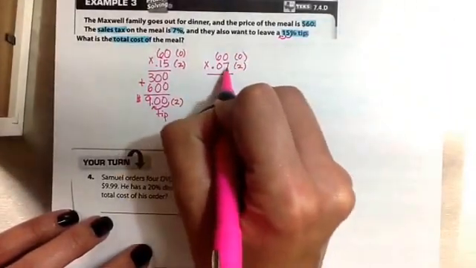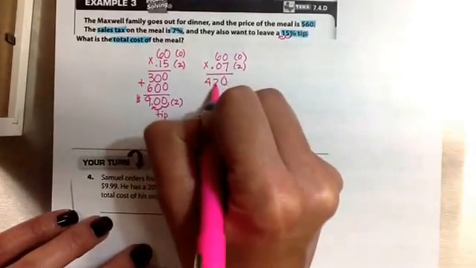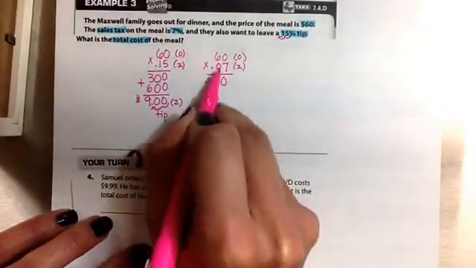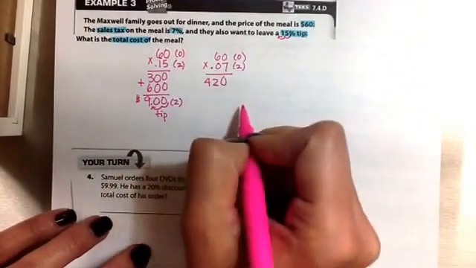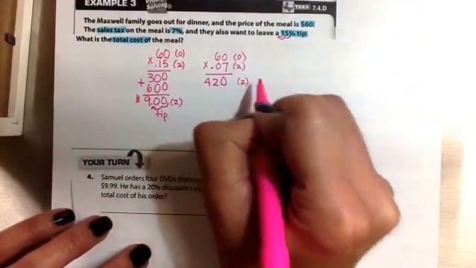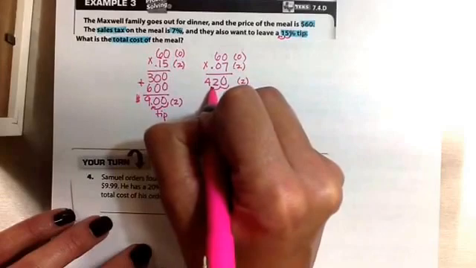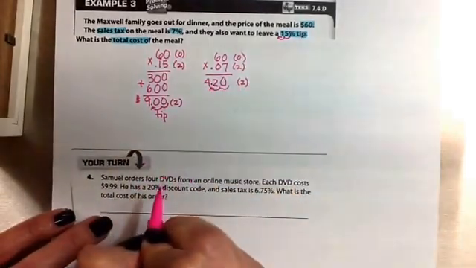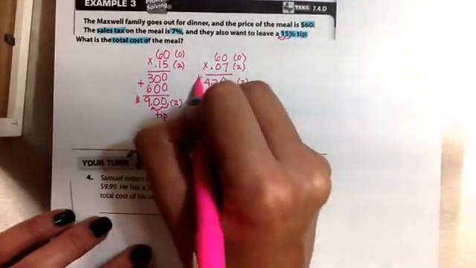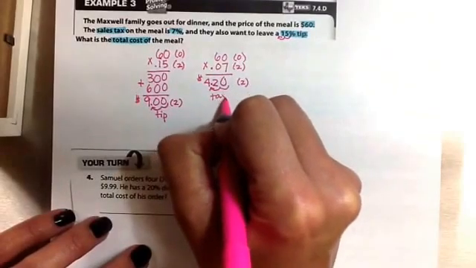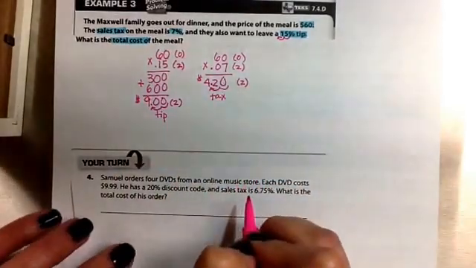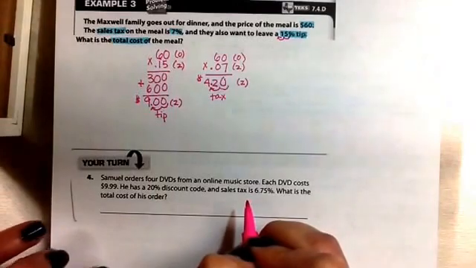That's 7 times 0 is 0, 7 times 6 is 42. I don't have to do the inside 0, it's just going to give me a row of zeros. So total I have 2 decimal places, 1, 2, put my decimal point back in, $4.20. That's my tax.